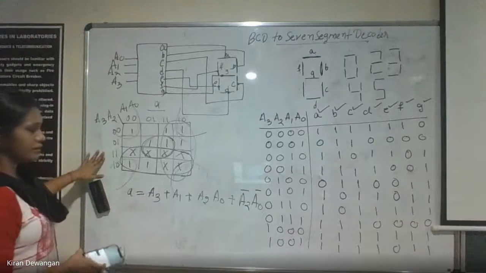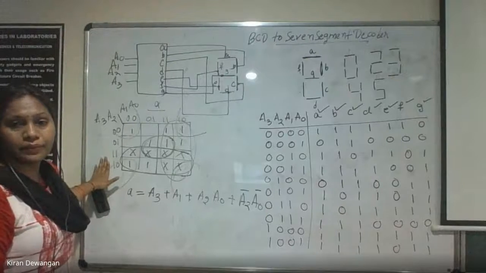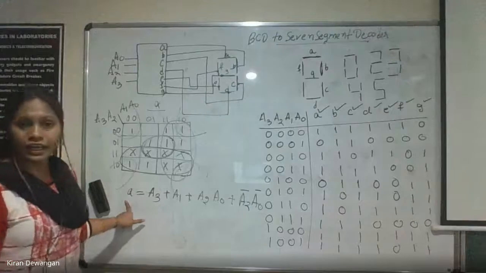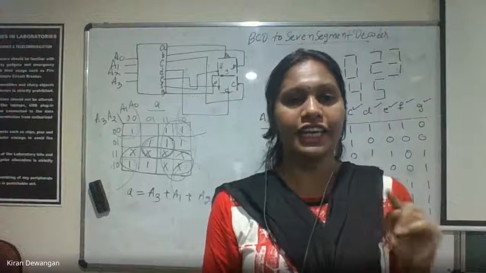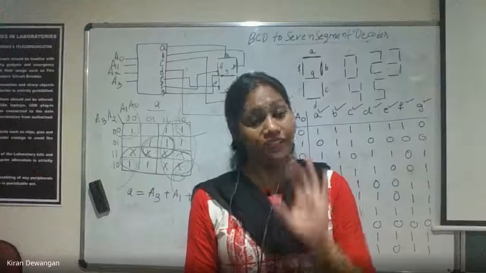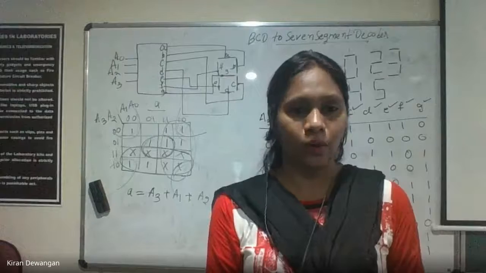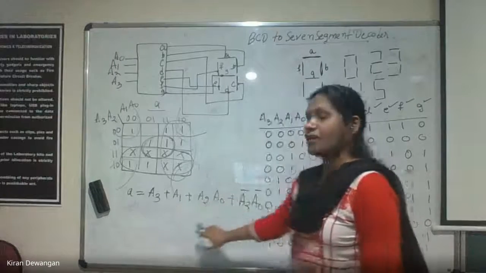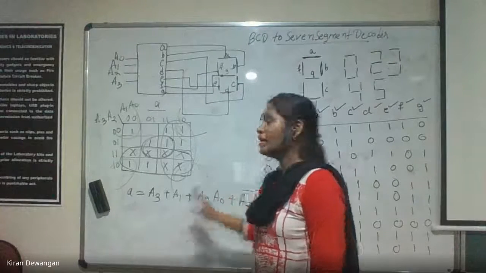So is this clear? The concept is clear, everyone? Clear or not? First tell me. This is how we'll write the expression for A. Only A is done. Similarly, you will write the expressions for B, C, D, E, F, G. You only have to write them; you cannot design them because designing becomes very, very complicated.